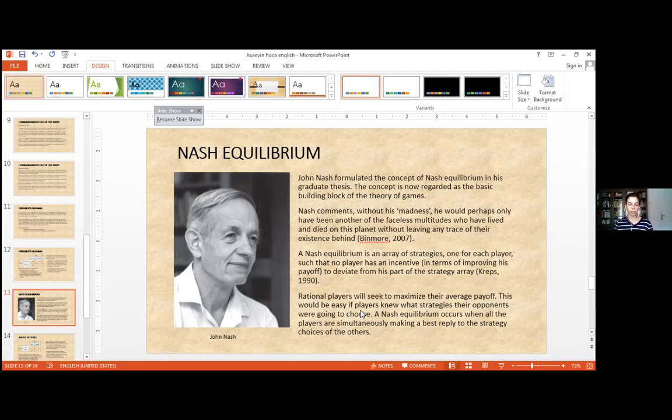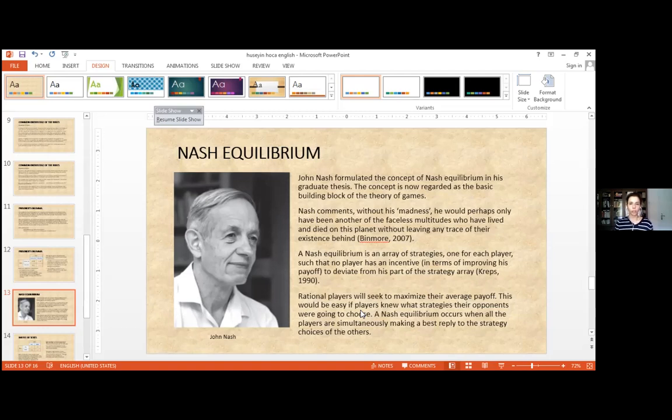He had an illness, he was schizophrenic, and it kind of wrecked his career, but after a while he recovered and was awarded a Nobel Prize. He comments that without his madness, as he calls his illness, he would perhaps have been another of the faceless multitudes who have lived and died on this planet without leaving any trace of their existence behind.